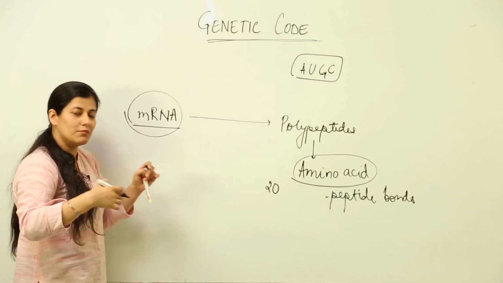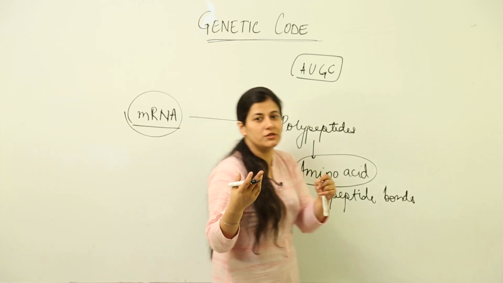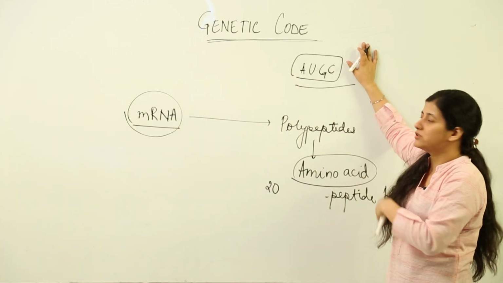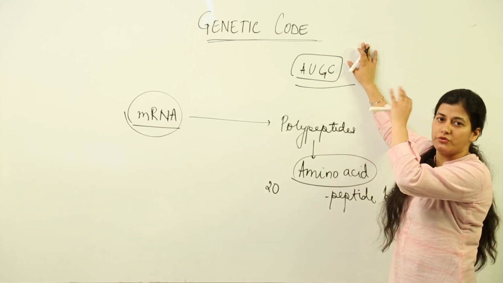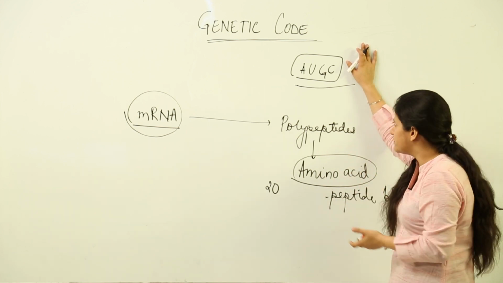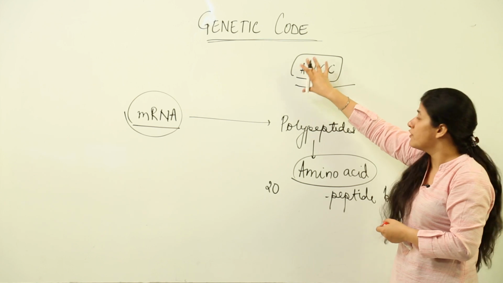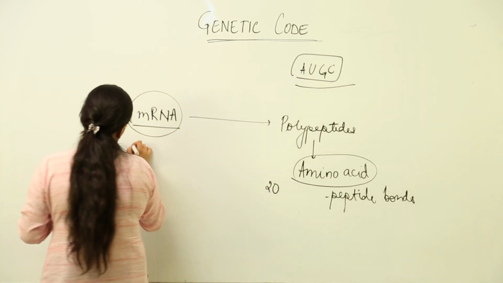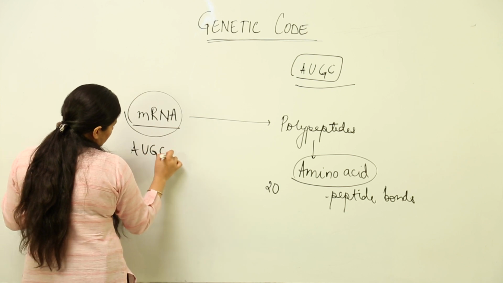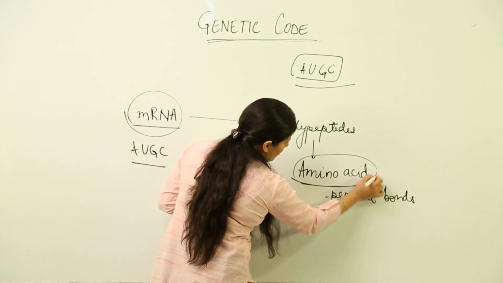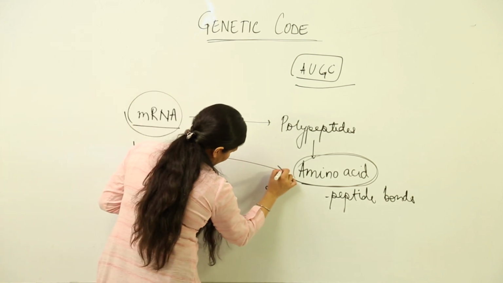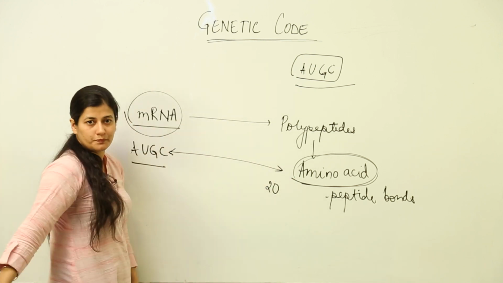What is mRNA? mRNA is nothing but an alternate arrangement of these four nucleotides, AUGC, either it could be GGAUUCC. We have seen that there are many possibilities of arrangement of these four different nucleotides. So, mRNA has the language of AUGC, and proteins would be formed from amino acids. So, some link has to be developed between these two.